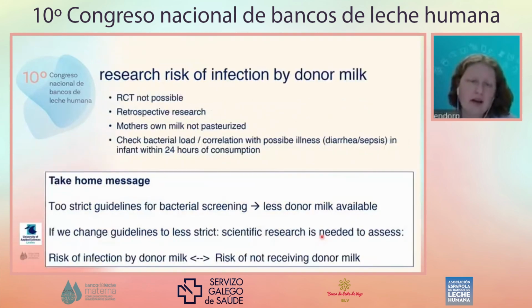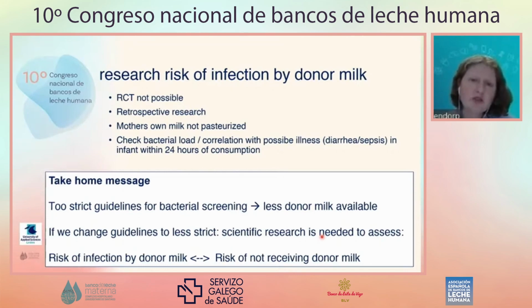So I want to make a call out to you, the audience, that we need more research. That's not that simple, because we cannot do a randomized controlled trial to see whether an infant gets ill if it gets milk with a higher or lower bacterial load. So we have to do kind of retrospective research.